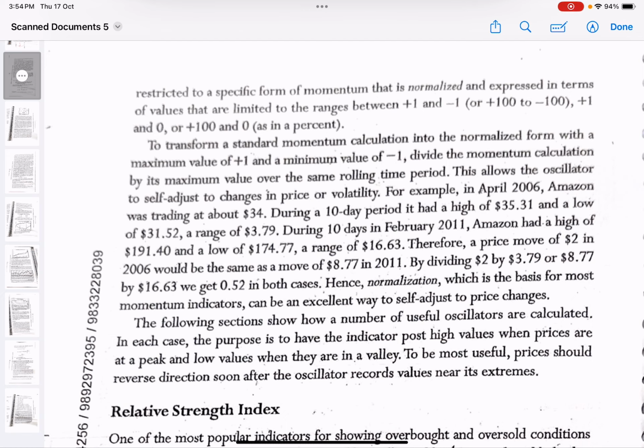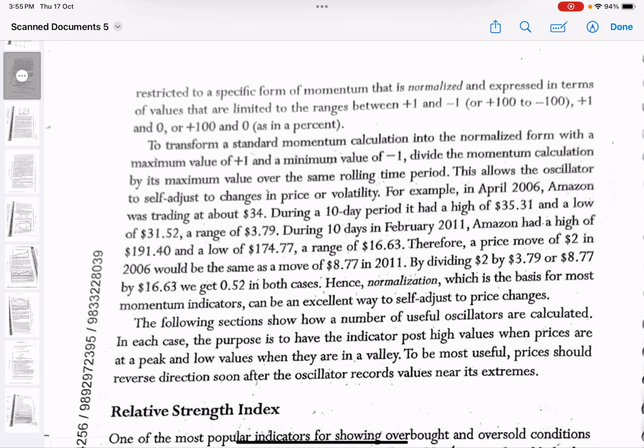So if you want to classify it, what you're going to do is divide the momentum by the maximum value it has taken over this course of time. What is the maximum value? If you divide the momentum by the maximum value it took between this particular time interval, that is going to give you a normalized value. Why is this helpful?